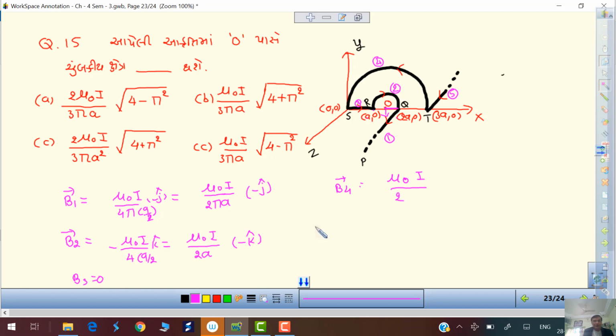What is the radius? From here to here, it is A plus A/2, so 3a/2. And it is a half circle, so again divide by 2. So I directly write 4, in the k direction. So this 2 is cancelled out, 2 2s go. So we get μ0 I upon 6a, k direction.